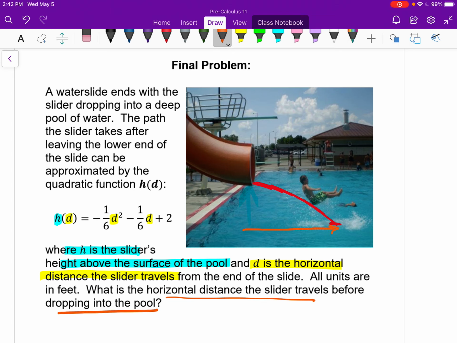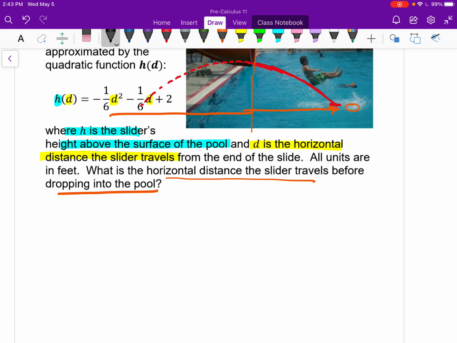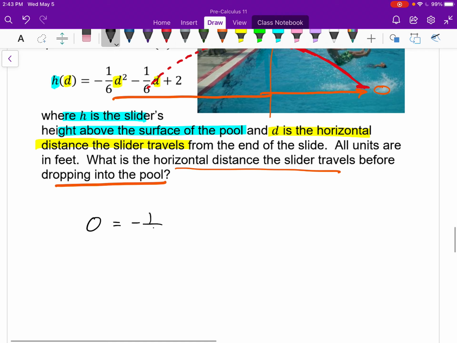If we imagine this parabola continuing, it's probably going to look something like this, and we're trying to find where the height of this person above the water is 0. So I can write 0 = -1/6 d² - 1/6 d + 2.